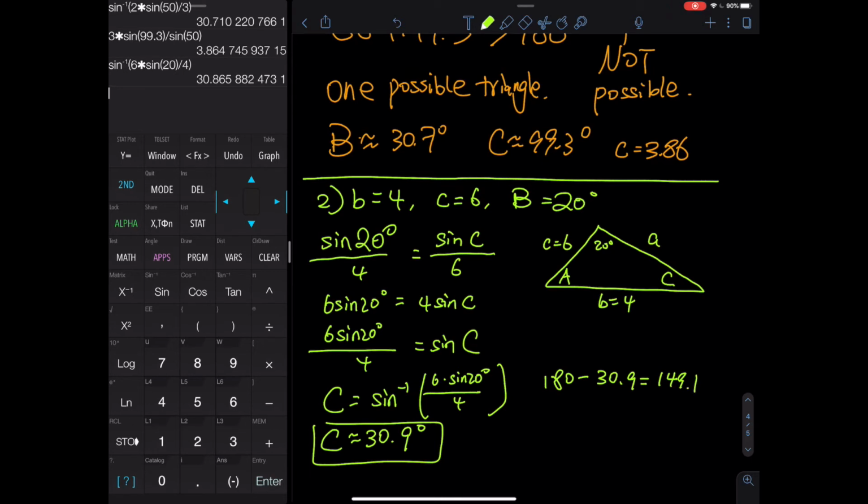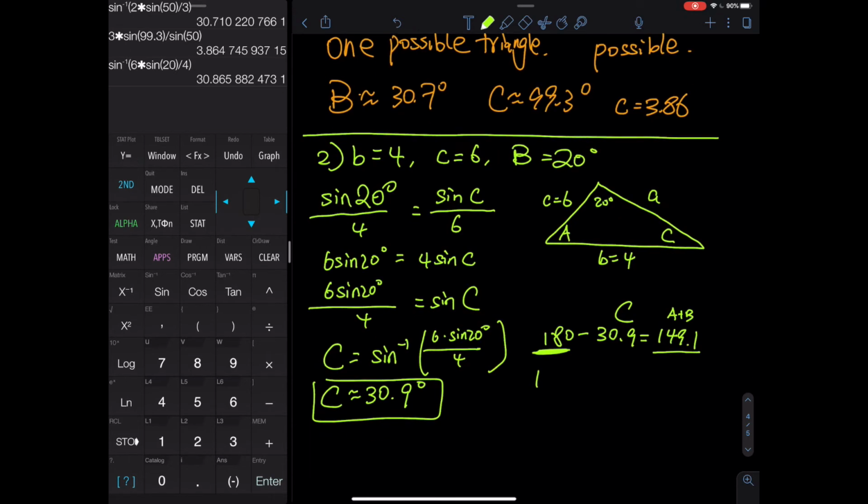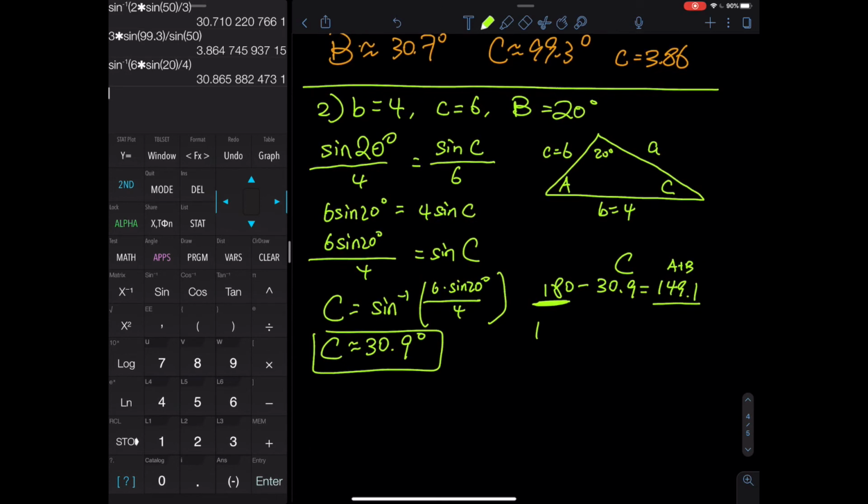But if you take a look, we have 180, the sum, minus big C, that equals 149.1, which is the sum of A plus B, right? What do we have for B? For B, we have 20. Let's start right here. I'm going to go ahead and do the rest first.